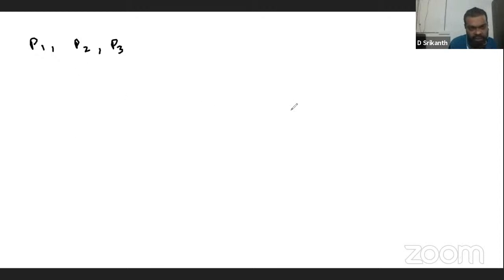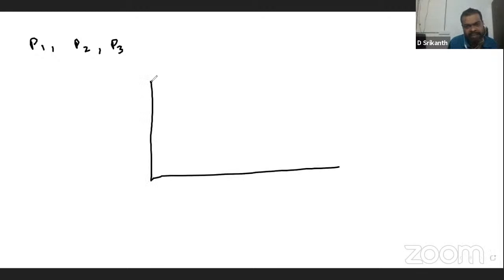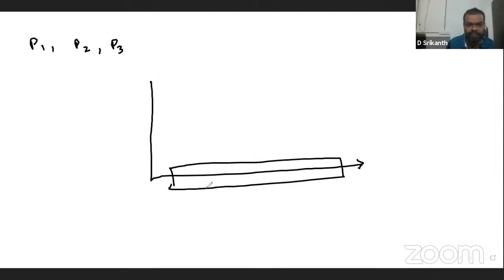Initially, the first polarizer P1 is kept along the x-axis, and the third polarizer P3 is kept along the y-axis.